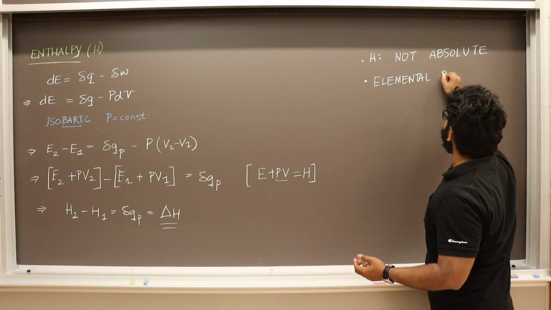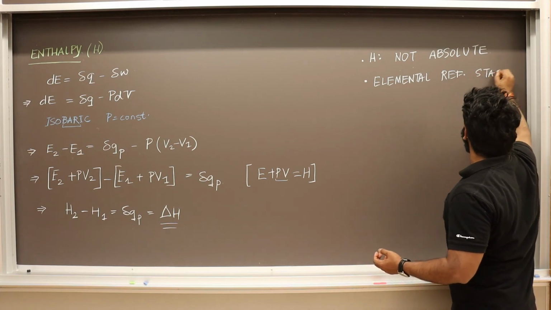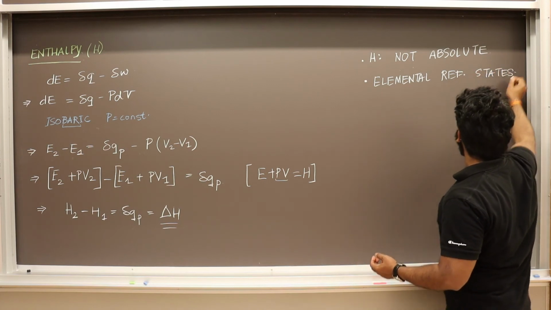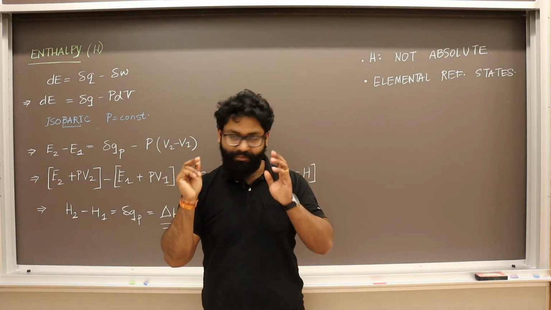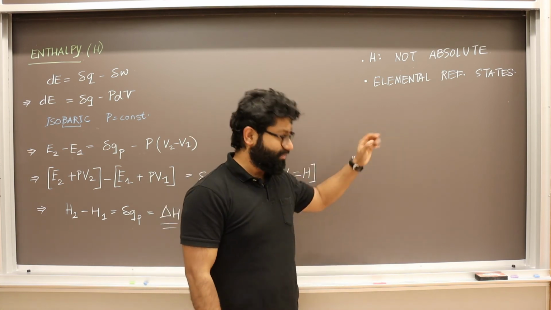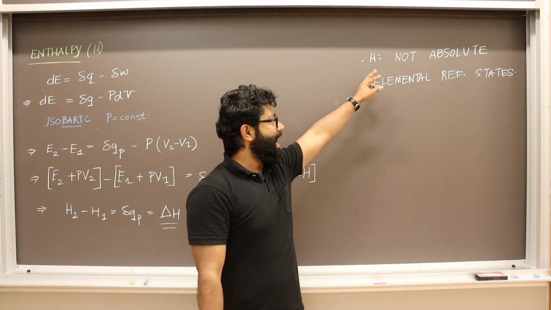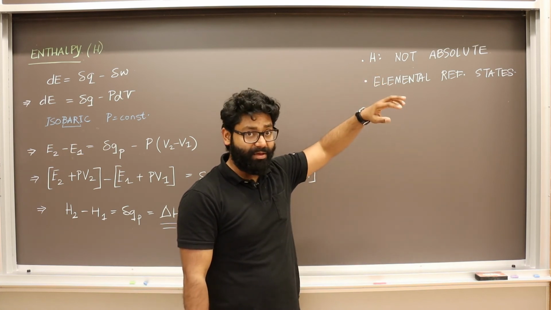Elemental reference states, right? If you want to know more about this, there's a separate lecture. But for the purposes of this lecture, please understand that you cannot absolutely get the value of enthalpy of a system.